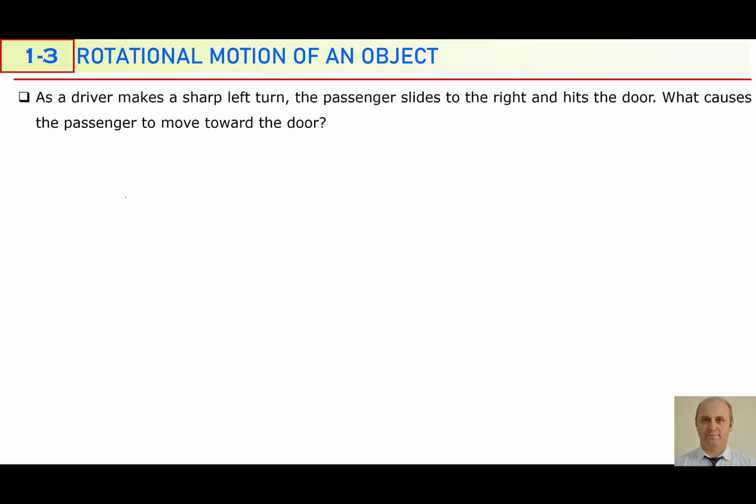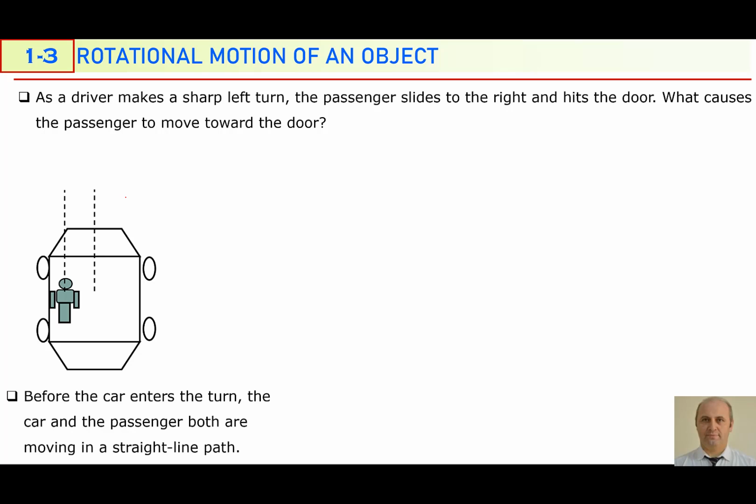If centripetal force is great enough, so of course we should know what the centripetal force is in here. Before the car enters the turn, the car and the passenger both are following a straight line path.